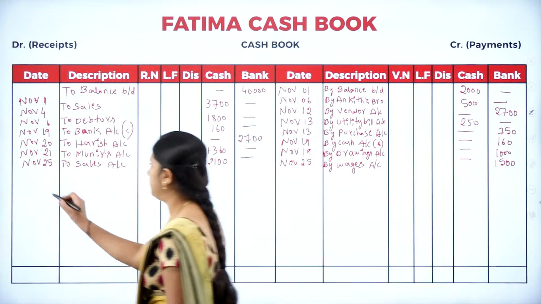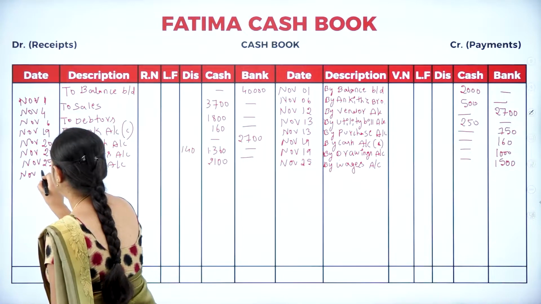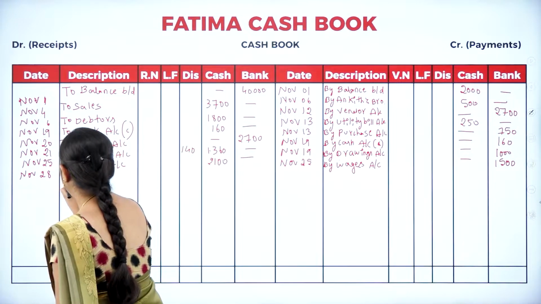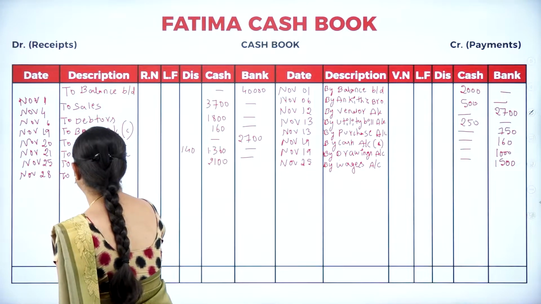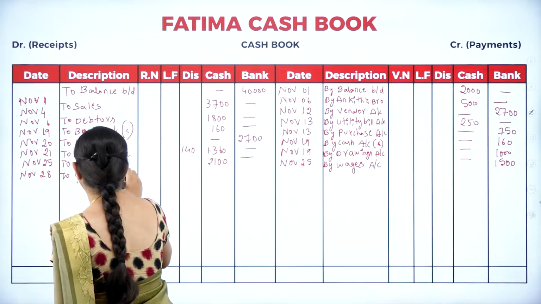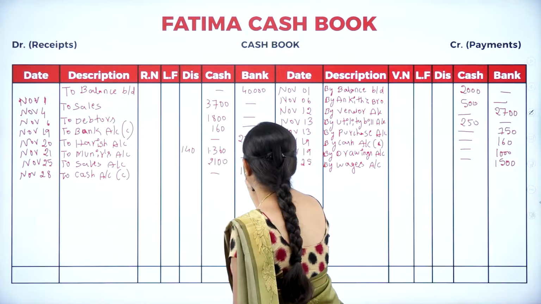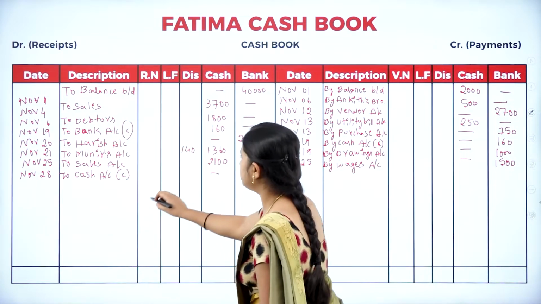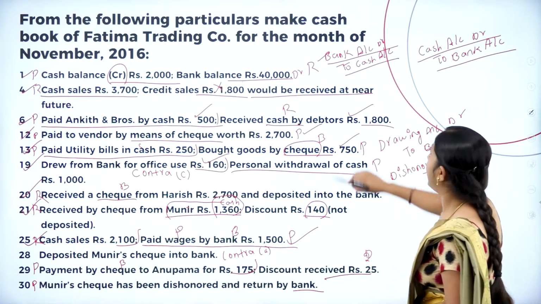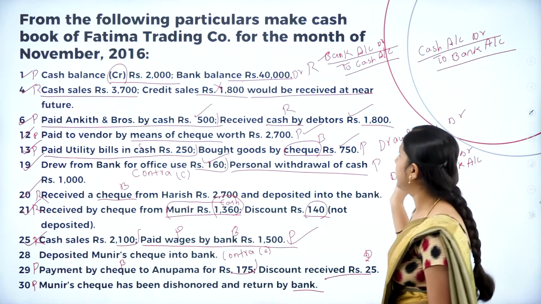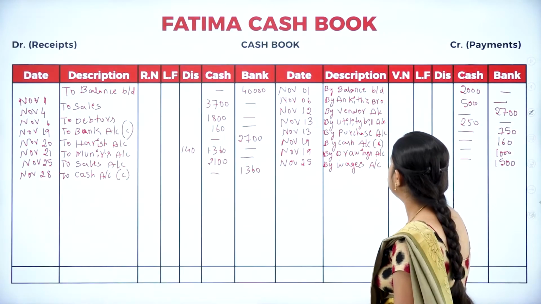28. November 28, to cash account, write C, contra entry, amount in bank column 1360. Next, consider cash. Here cash is credited, so write in the credit side, by bank account, by bank account rupees 1360.